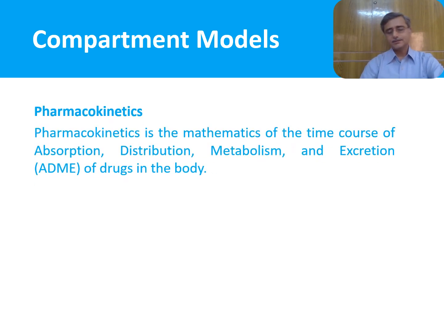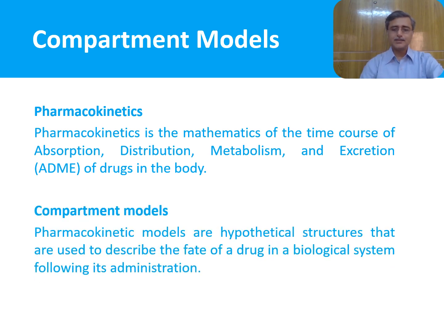To start with, we'd like to brush up a little, starting with the definition of pharmacokinetics. Pharmacokinetics, as you know, is the mathematics of the time course of absorption, distribution, metabolism and excretion of the drug in the body. To describe the pharmacokinetics of drugs, we generally make use of pharmacokinetic models.